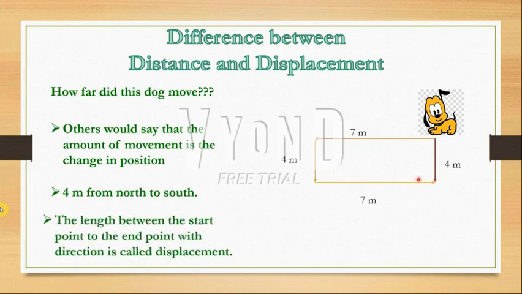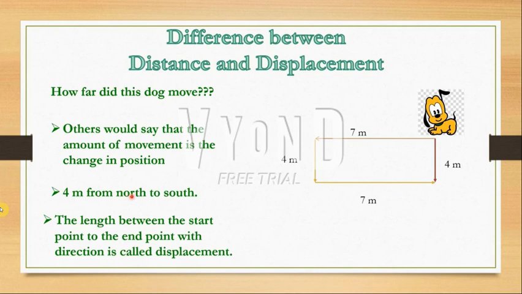If I measure the length between the start point and the end point, putting direction into consideration, then this is called displacement. Notice that in the case of displacement, I have the numerical value and the right measuring unit, which is meter in this case, the same as distance, but plus direction.